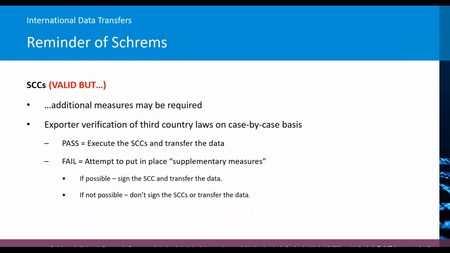If you verify that the laws can actually protect the data sufficiently, you can just execute the SCCs and transfer the data. If you fail your assessment, you're supposed to try to find supplementary measures which will fix the gaps. If you can find those measures, then you can sign the SCCs, put the measures in place, transfer the data. And if you can't, then your data must stay in Europe.